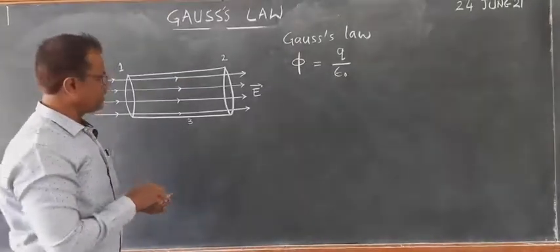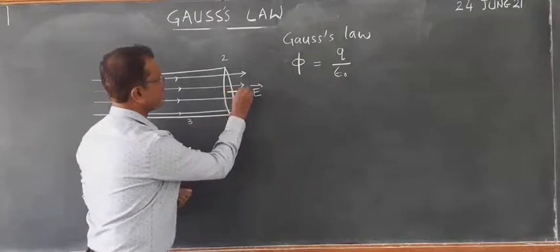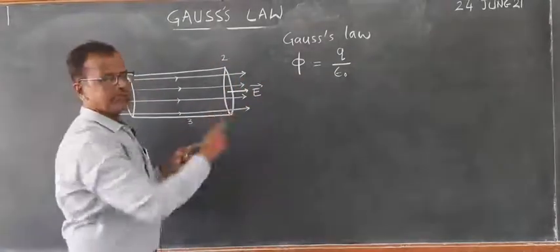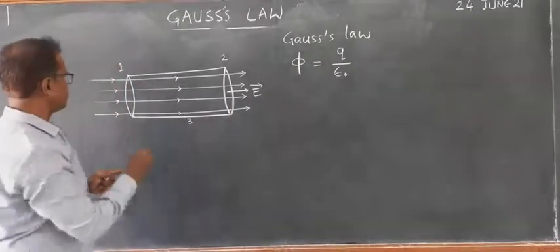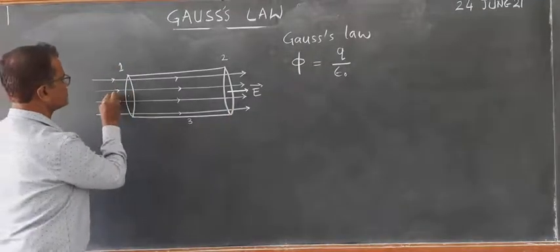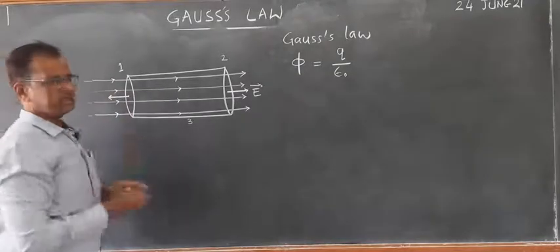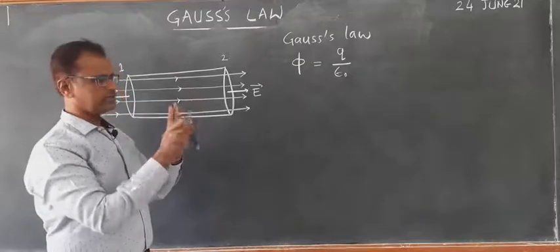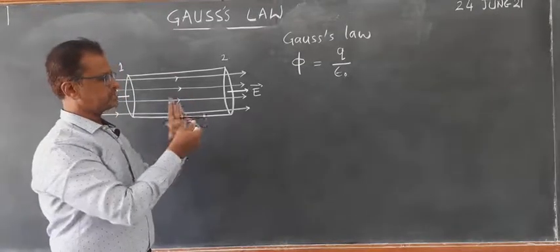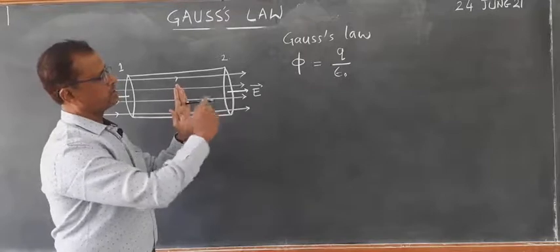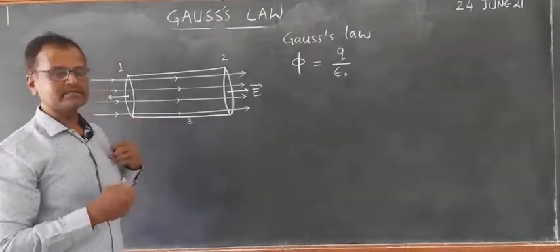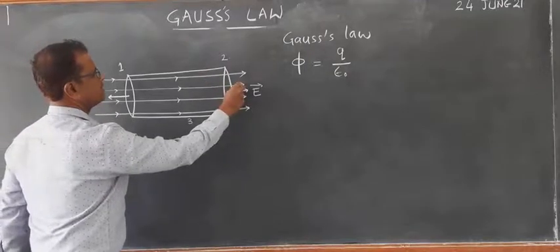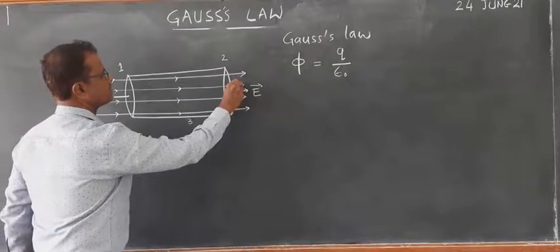When you draw the normal to the second surface, it is pointing vertically outwards, and the normal should always be the outward normal. If this is the surface, as I showed last period, the outward normal represents the direction of area vector. So, this is the direction of, let us say, ds vector.